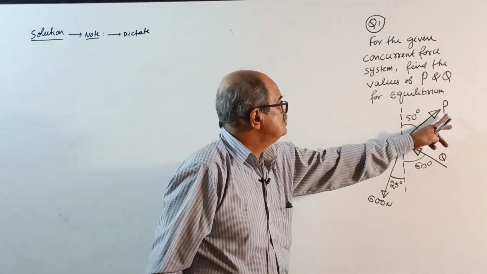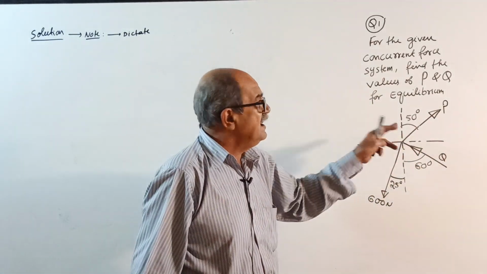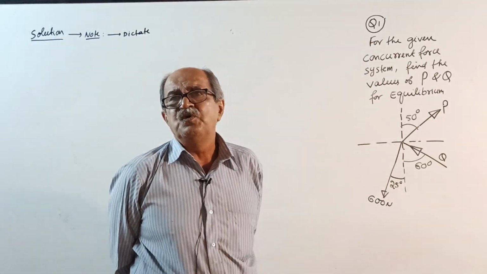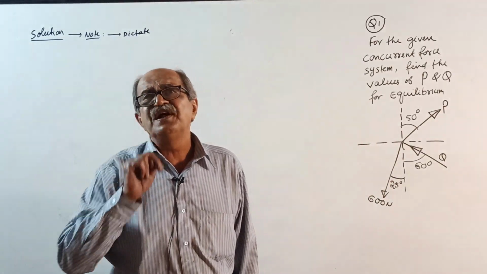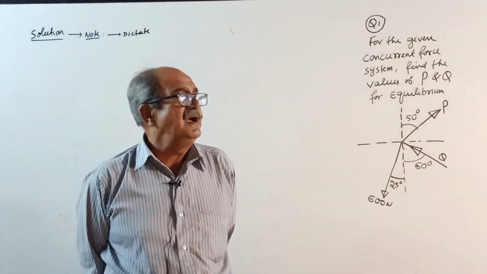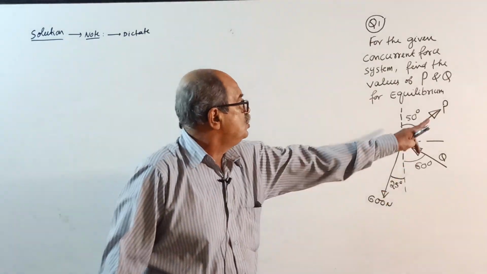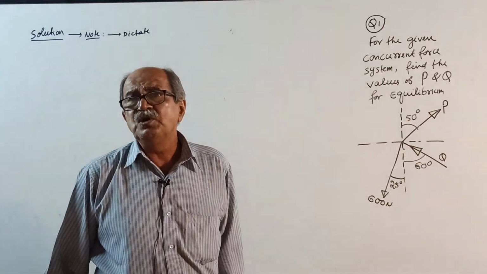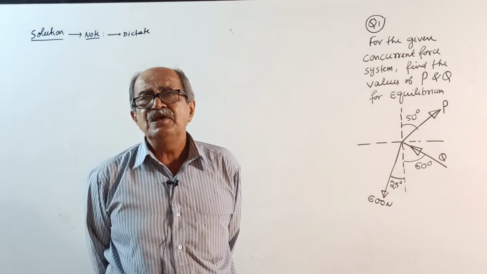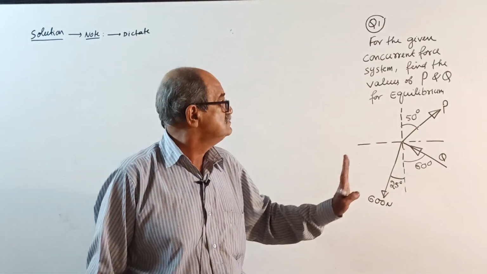There are 2 unknowns, P and Q. This is a concurrent force system, for which only two basic conditions of static equilibrium apply: sigma Fx = 0, sigma Fy = 0. Sigma M = 0 is not applicable. So two unknowns and two conditions, so you can solve it. It is determinate.